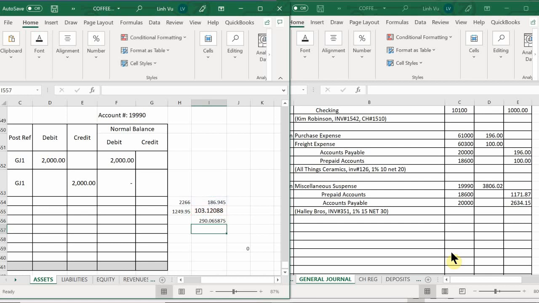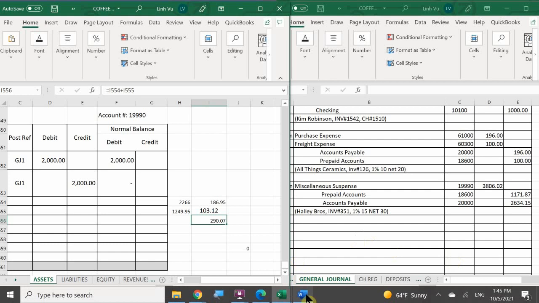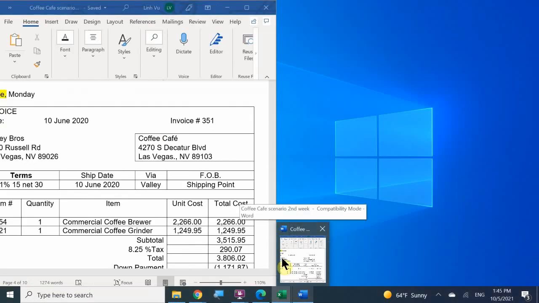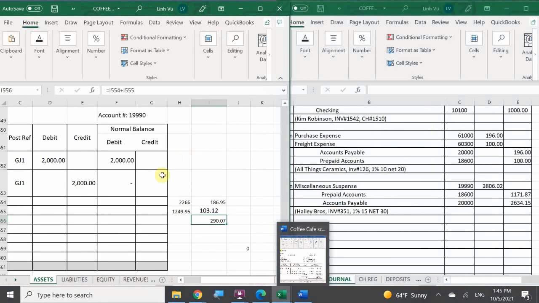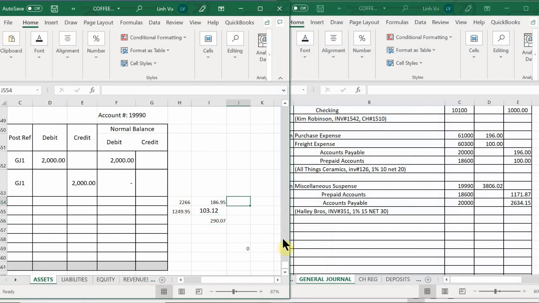So in this case, I need to round up here. 186.95, while this one is 103.12. Right? So then I get 290.07, which on my form equals out for the tax. 290.07. Good.